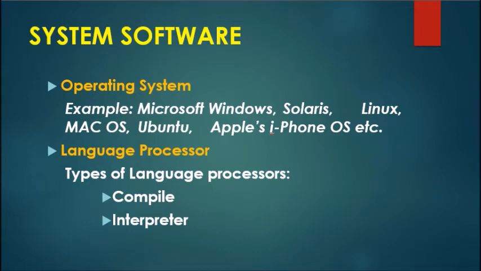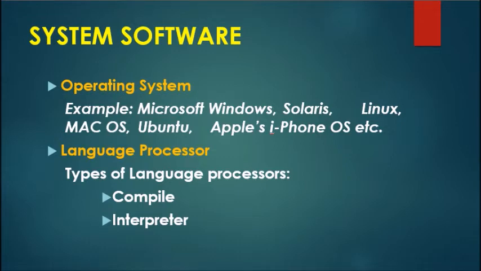Next is language processor. So a computer understands instructions only in machine code, or we can say 0-1 form. So it is a tedious task to write a computer program directly in machine code. The programs are written mostly in high-level languages like C, C++, Python, Java, etc. and are called the source code.